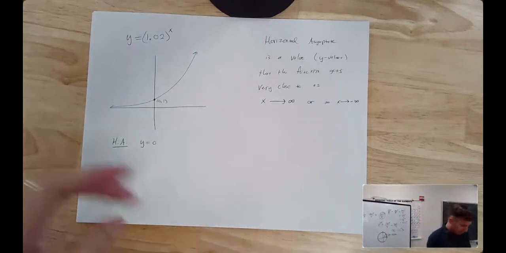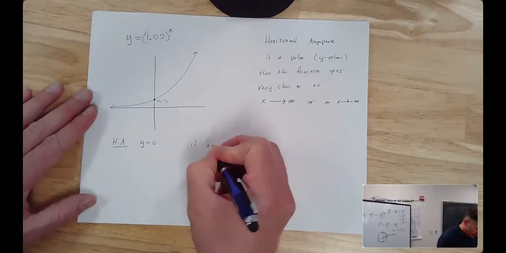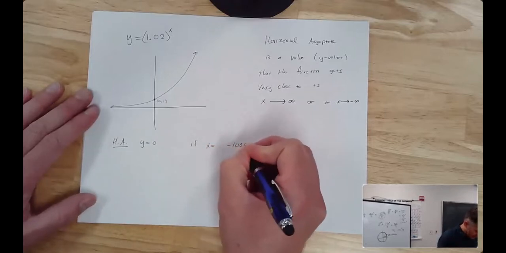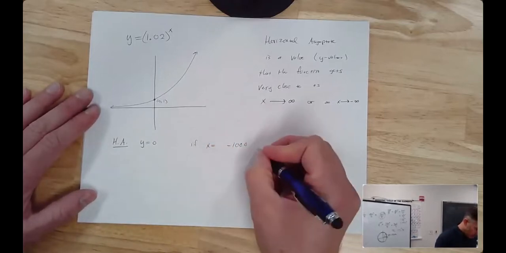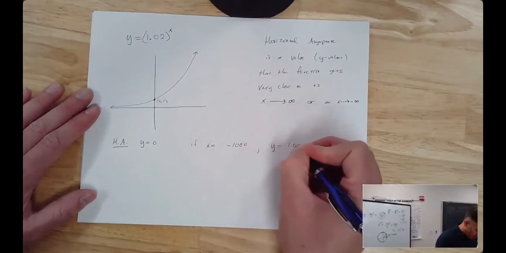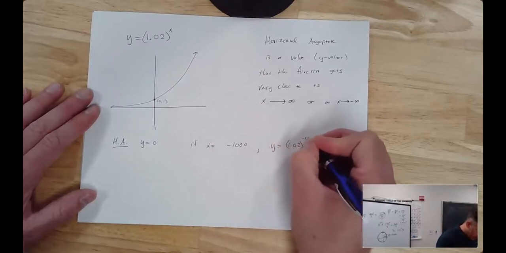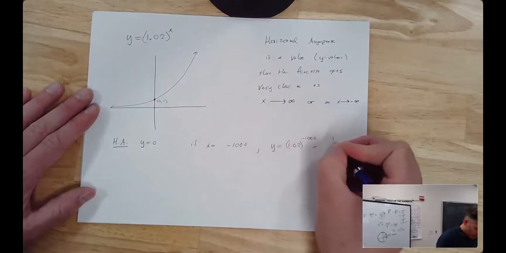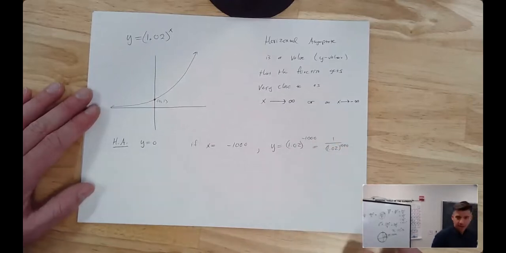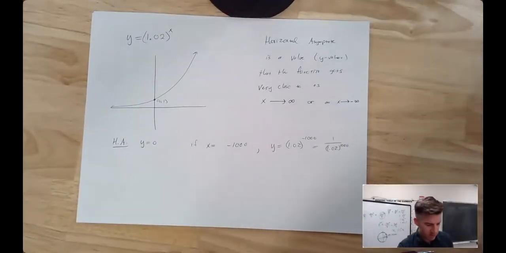Again, for example, if x were to equal, say, negative 1,000, then our y would be 1.02 to the negative 1,000 power, which is 1 over 1.02 to the positive 1,000 power. And I don't know what 1.02 to the 1,000 power is. Let's find out.